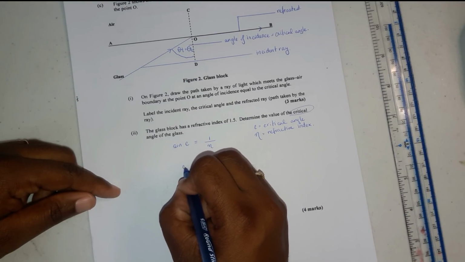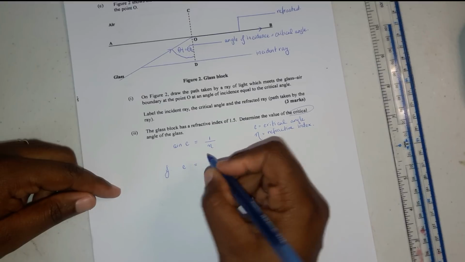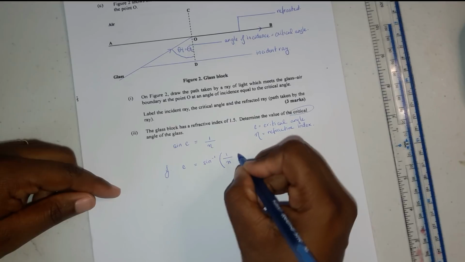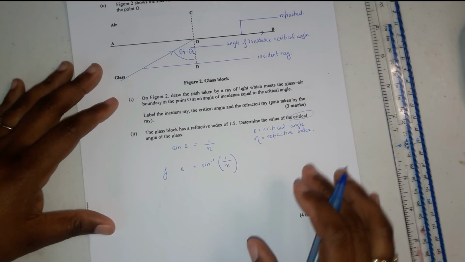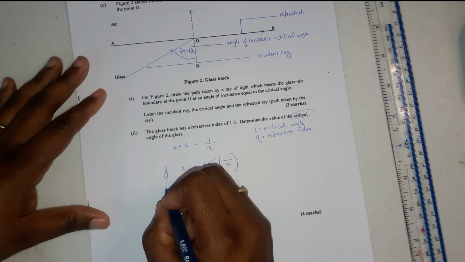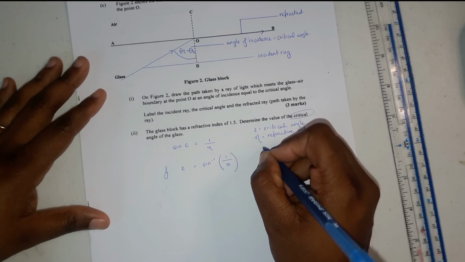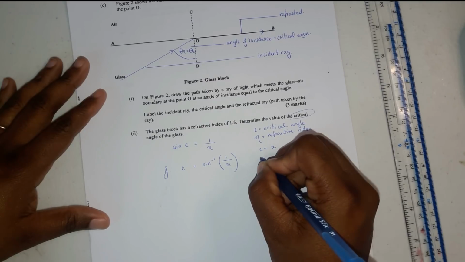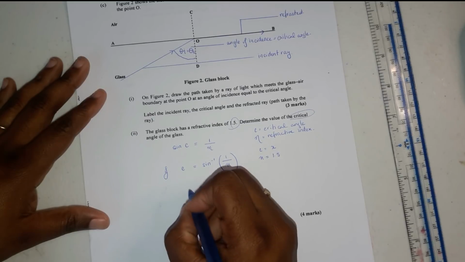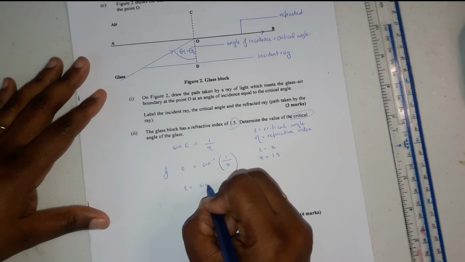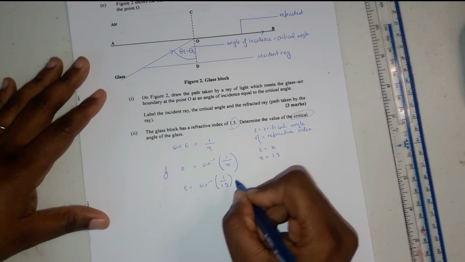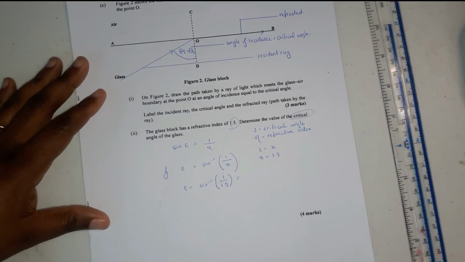So C is equal to the inverse sine of the reciprocal of the refractive index, and we could now put our numbers in. We're looking for C. We have n, n is 1.5. So C is equal to the inverse sine of 1 over 1.5.